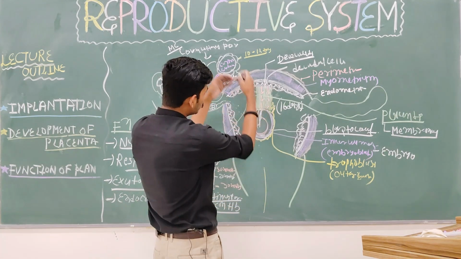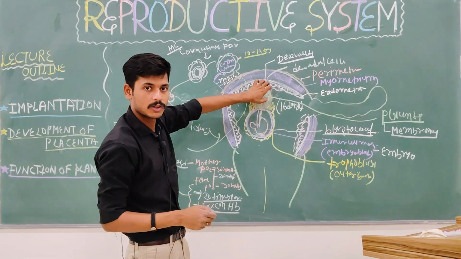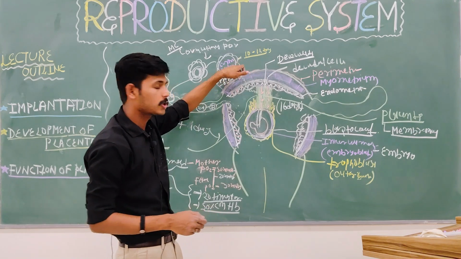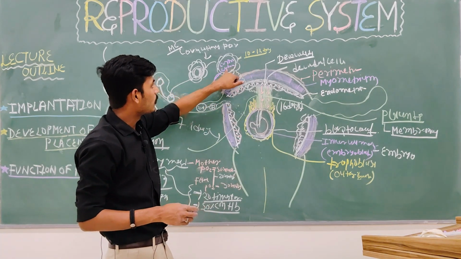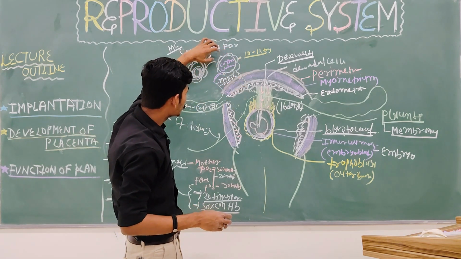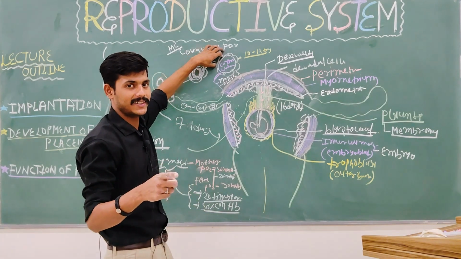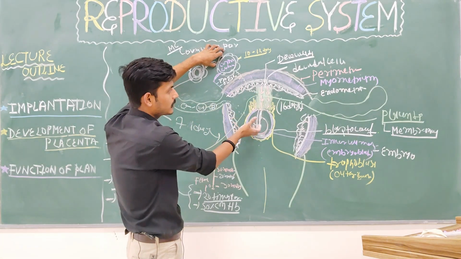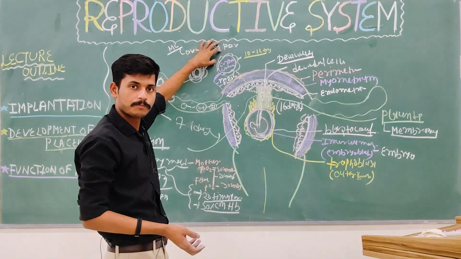Initially one signal was already sent to the corpus luteum when they got attached, and that signal stimulates this corpus luteum and tells it not to degenerate, because your precious ovum is now fertilized and it wants to develop more, it wants to attach with the endometrium.